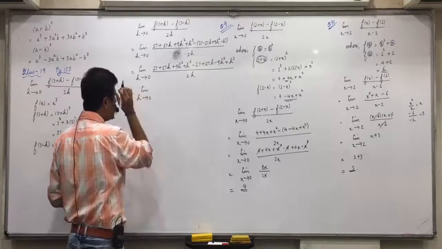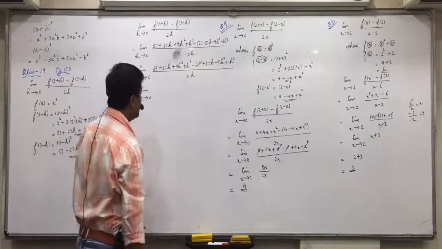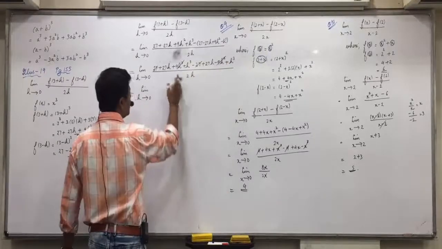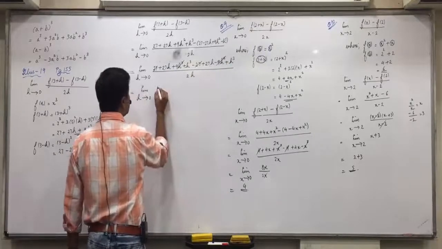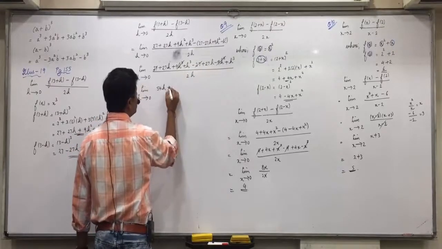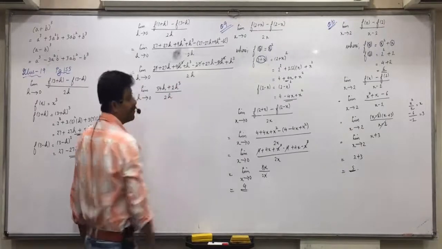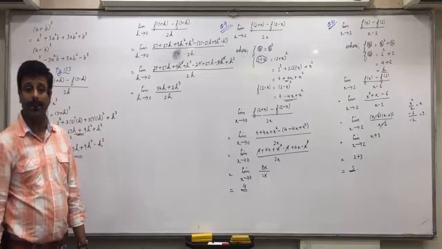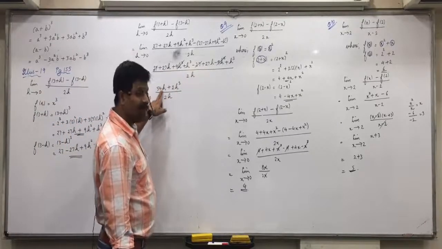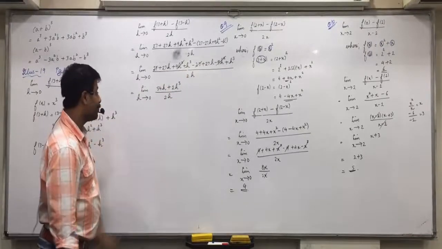Limit h tends to 0 now. 27 gets cancelled. 9h square gets cancelled. 27h plus 27h, 54h, h cube plus h cube, 2h cube, upon 2h. Any doubt in this?